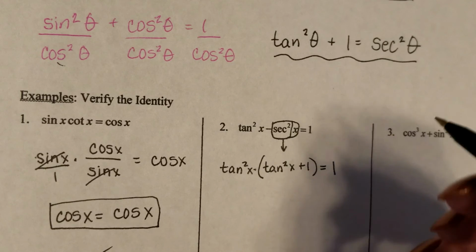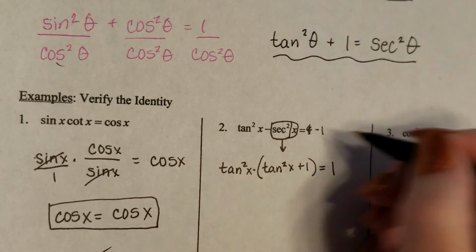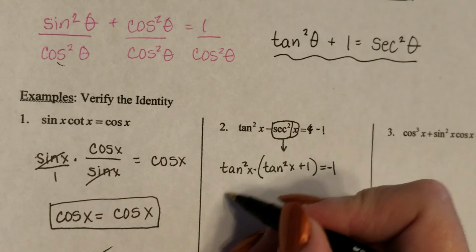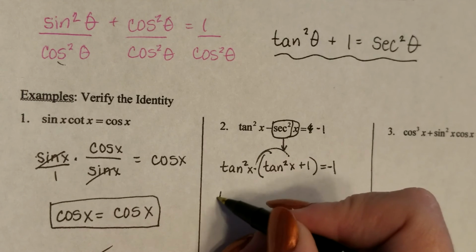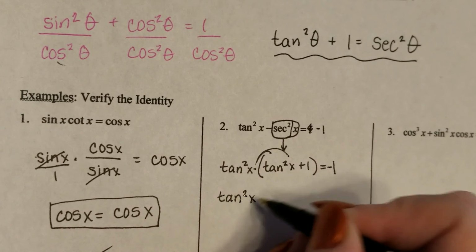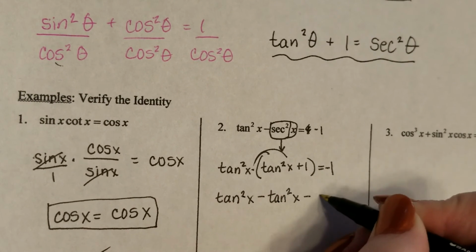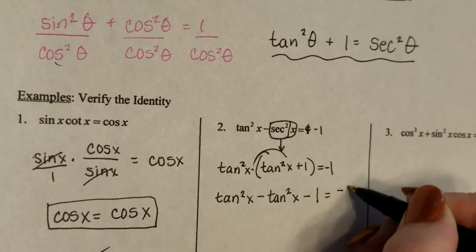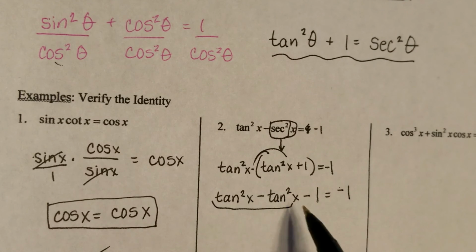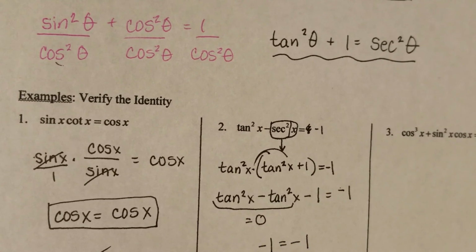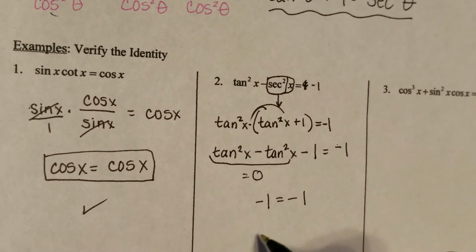I do have a typo. I'm sorry, this is going to be a negative 1. Yeah, I did type that wrong. So I'm going to distribute this negative, and I get tangent squared x minus tangent squared x minus 1 equals negative 1. Well, tangent squared x minus tangent squared x is 0. So I have negative 1 equals negative 1. And I have verified that.